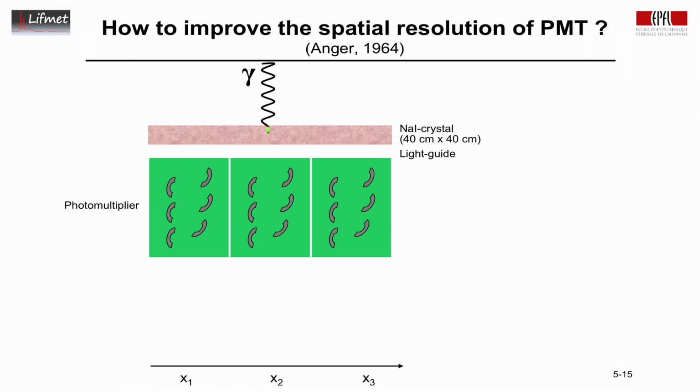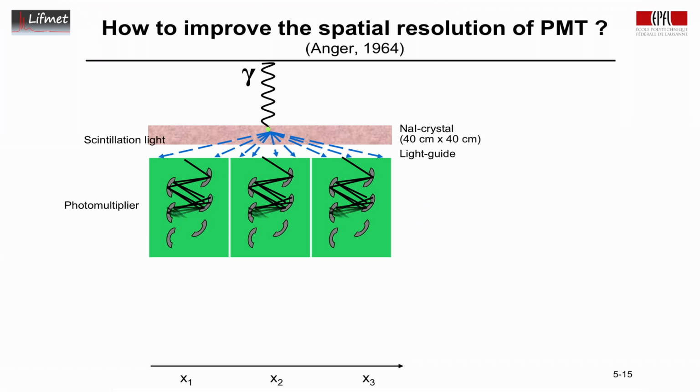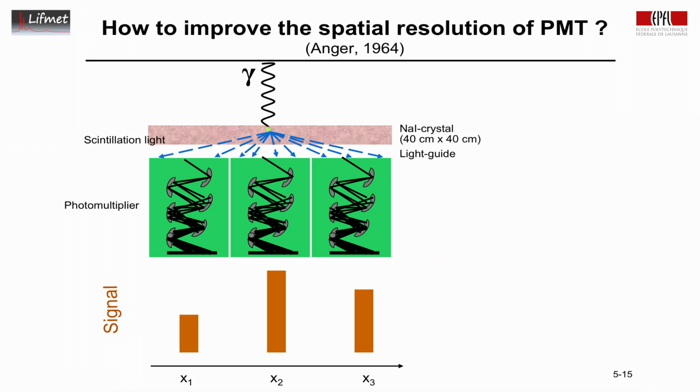We have an X-ray that interacts with the scintillation crystal, so it produces scintillation light. This scintillation light is detected, in this case, by all 3 photomultipliers, so they multiply the signal according to the number of scintillation photons that they detect, and therefore from this single X-ray that has made the interaction here, we obtain in these three photomultipliers three signals.